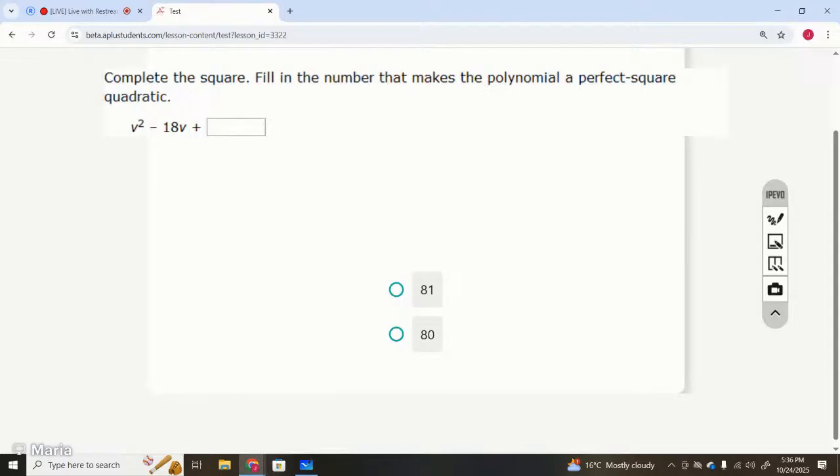V square minus 18v. Option 1 is the correct option. That is 81.